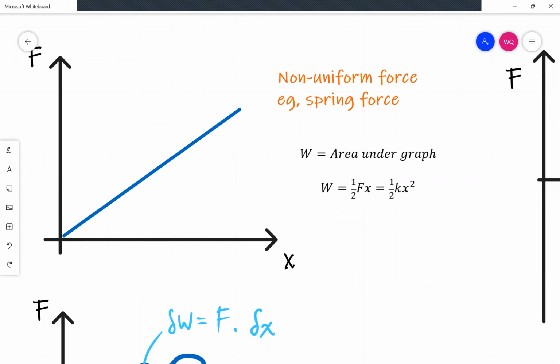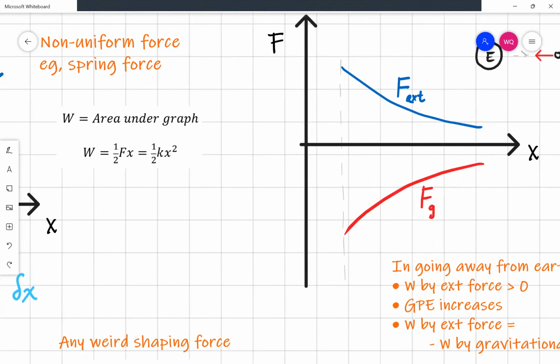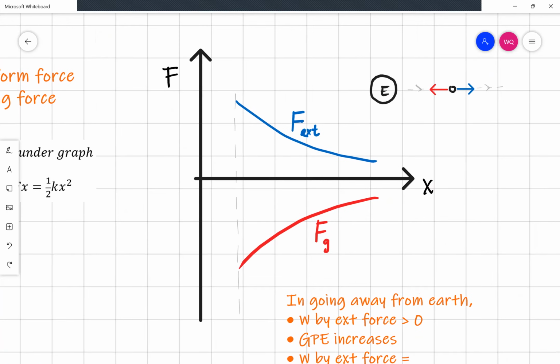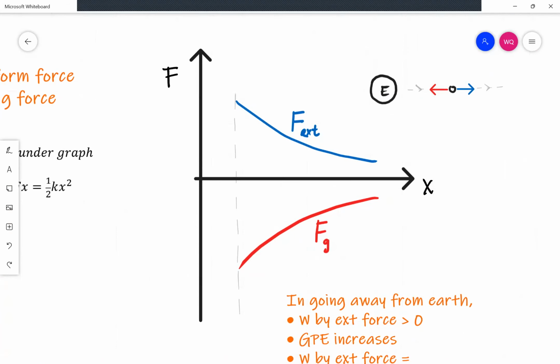Okay, with this, I will dive deep into the next part of the same thing, which is to understand a bit further how work relates to the potential energy. And in this example, I will use gravitational potential energy.